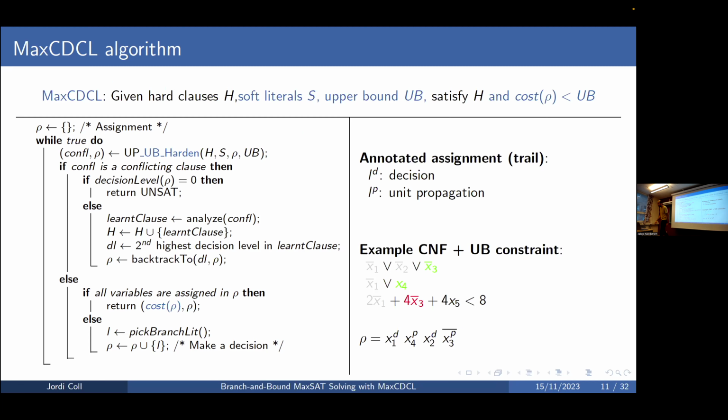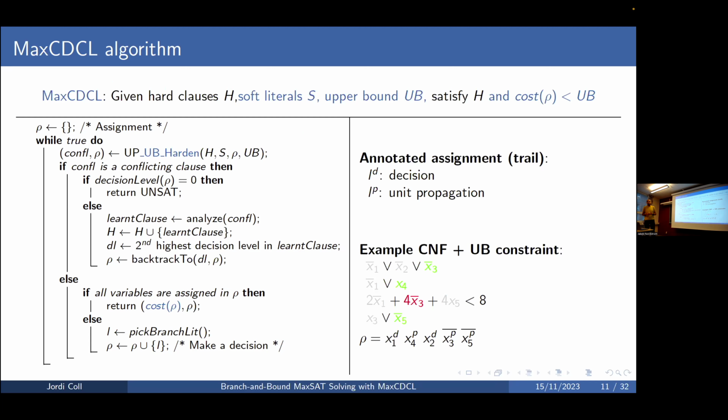So I will propagate this literal to false. The way to do this is adding this clause saying, if x3 is false, then this must be false. And then it's just unit propagation. It's our way of dealing with the propagation of this pseudo-Boolean constraint, basically.